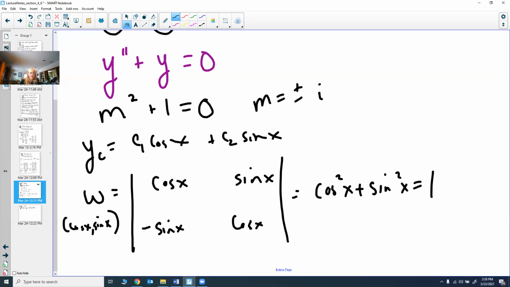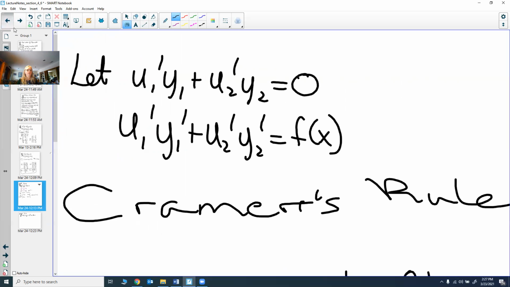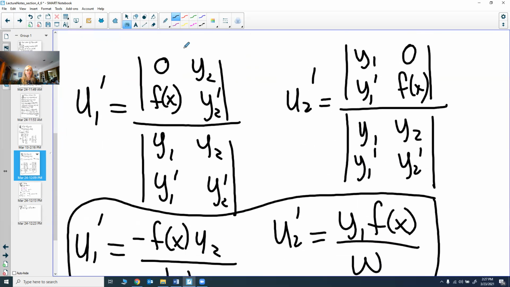Okay, and now to find y sub 2, we have to find out, and I'm going to give it a name, what this numerator is, where we place the constants, the coefficients of the u1 prime, with the constants 0, f of x, and then y2.